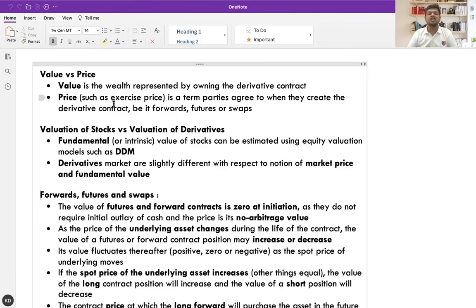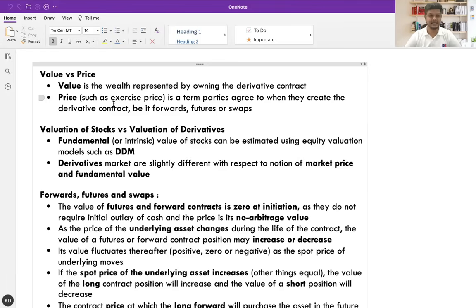So at the initiation, we both agree at the same price, correct? Do we pay any money at the initiation? No. Therefore, is there any value at the beginning of the contract? Does any of us make any gains or loss when we enter into the contract? No. Now, an important question. Is there a price at the initiation between you and me?